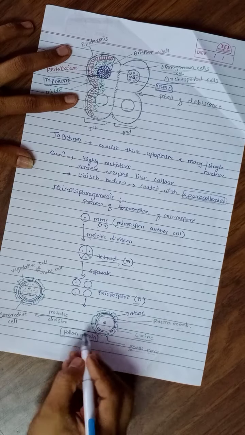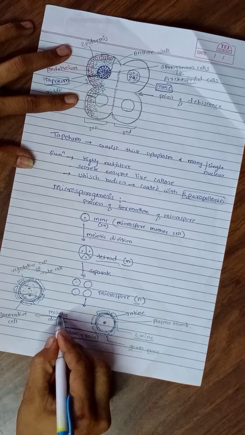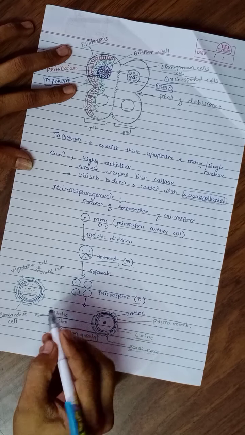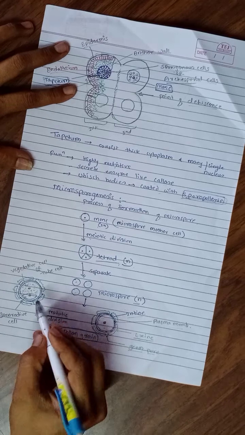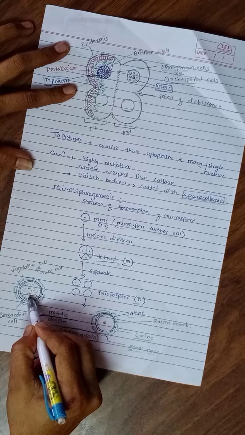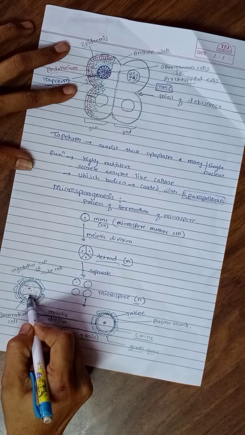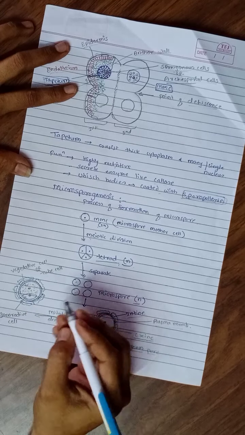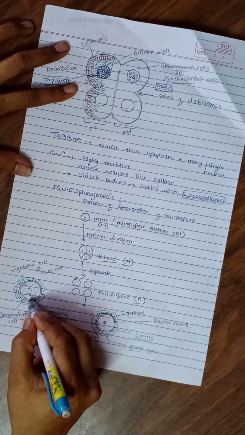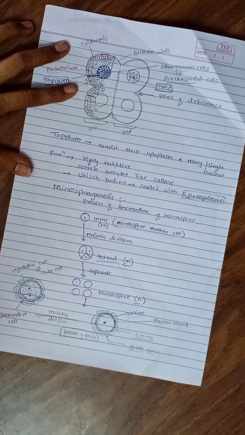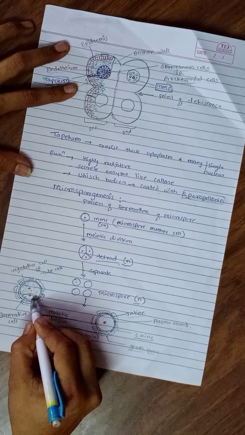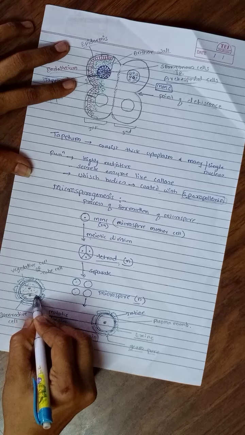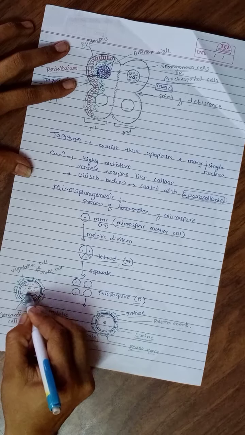This pollen grain again undergoes one mitotic division, and after mitotic division, at first karyokinesis takes place. Karyokinesis means division of the nucleus. From a single nucleus 2 nuclei are formed. Later on cytokinesis takes place, that is division of the cytoplasm. But the division of cytoplasm is irregular, that means one small cell is formed and the other is a bigger cell.